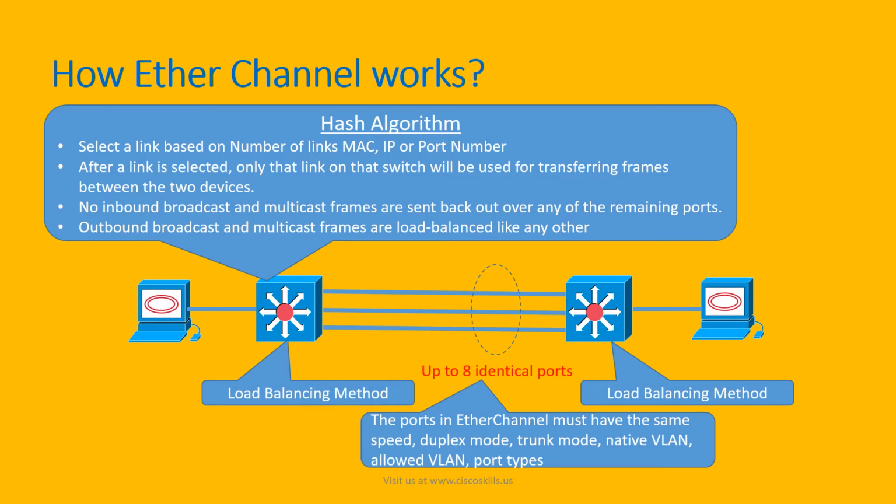But because these three ports are configured as an EtherChannel, there is no traffic forwarded out to these two ports. So it goes in here, and it will never be forwarded back out here because that would cause a loop.